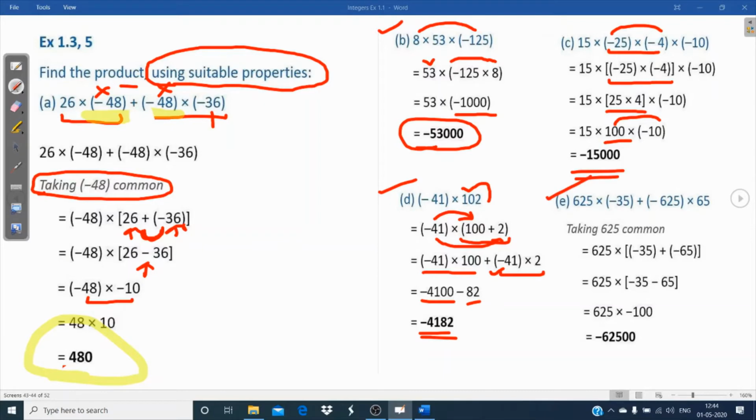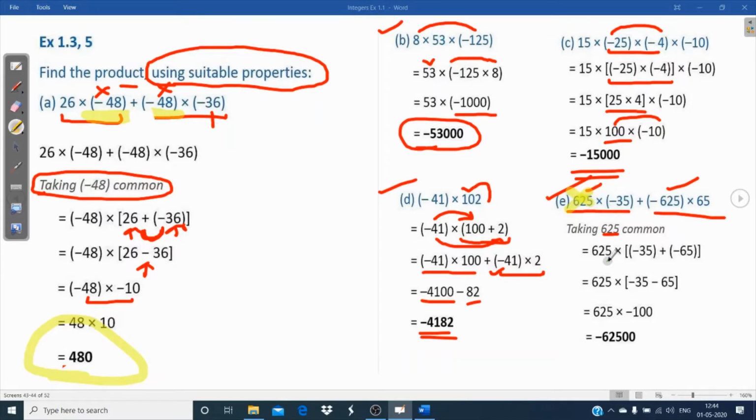Now in the last quick part, 625 and minus 625. You can see here, if this is the first term, this is the second term, because plus or minus sign will separate the terms. Now you can see in both terms 625 is coming, so 625 we have taken as common. So from this first term, if you're taking 625 common, what's left inside?